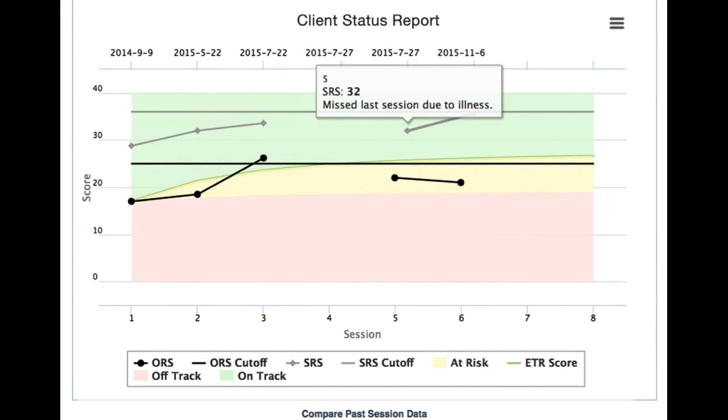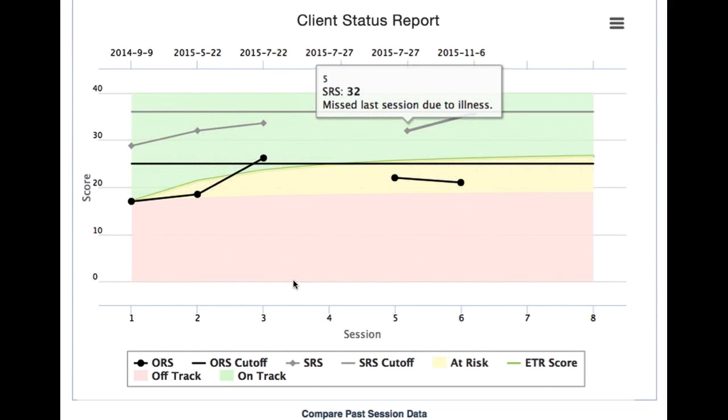What I can tell you is, if the client scores are in the green zone at any given session, those scores are predictive of eventual success, and you should treat it that way. At the same time, we've learned since the initial algorithms were formed that there is a large group of clients who experience dramatic early improvement and do not experience a decline after that dramatic improvement.